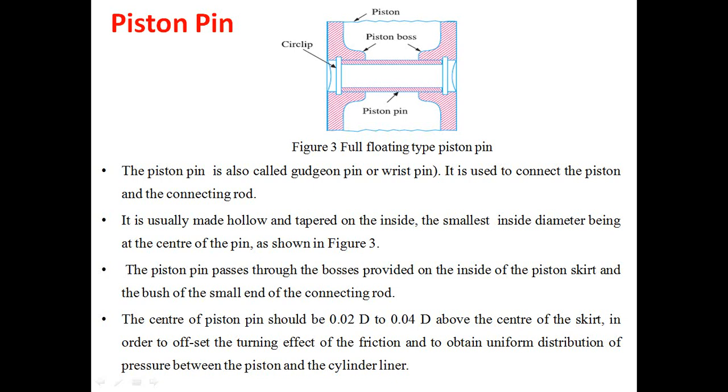The piston pin passes through the bush provided on the inside of the piston skirt and the bush of the small end of the connecting rod. The center of the piston pin should be 0.02 D to 0.04 D above the center of the skirt.